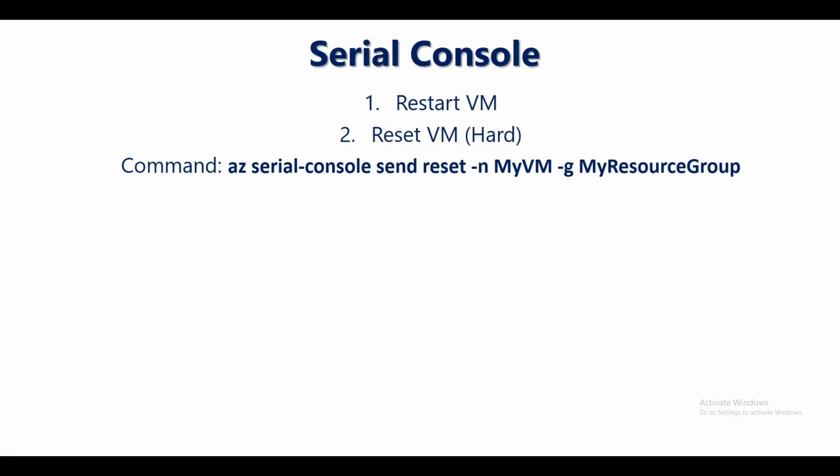We can also execute the command that I have written on the screen: az serial-console send reset -n myVM, the name of the VM, then -g, then the name of the resource group. So this is how it is. Now let's go to the Azure portal and see practically how it works.